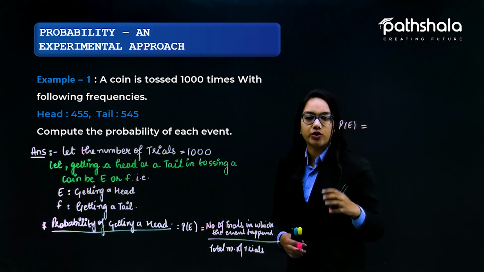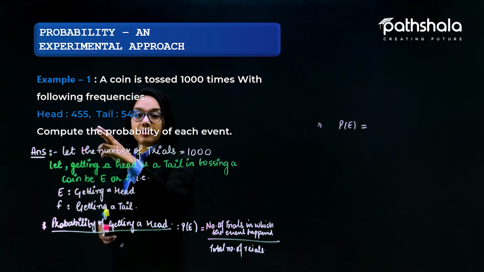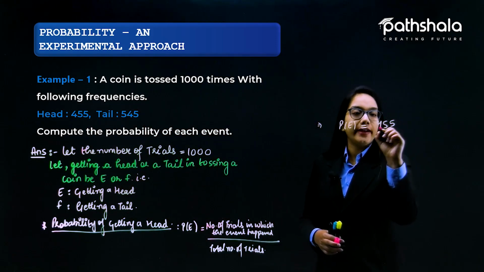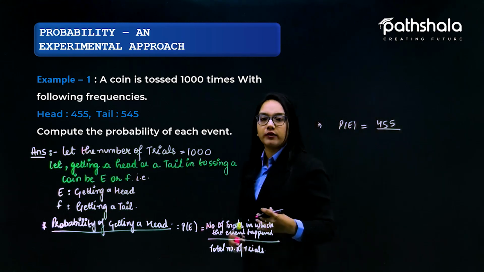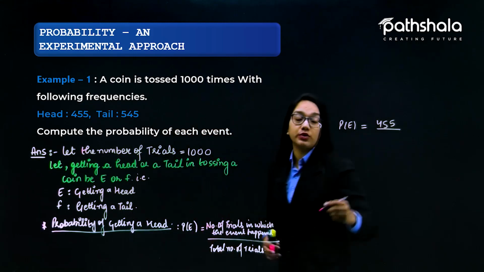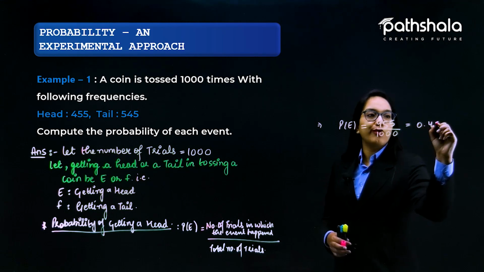The number of times the head comes up is 455, and the total number of trials is 1000. So the answer is 0.455.